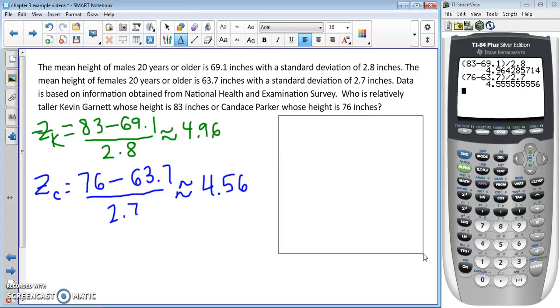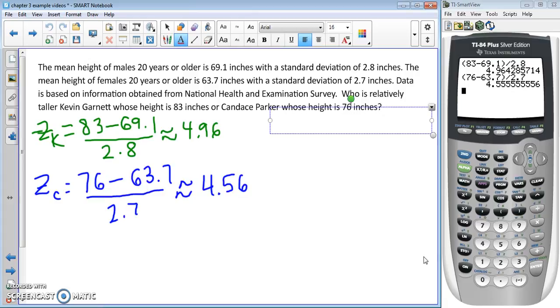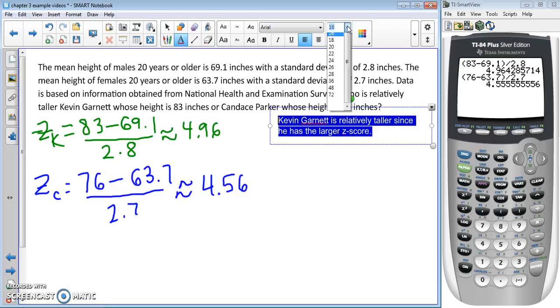So what can we say here? We have that Kevin is relatively taller since he has the larger z-score. That means that he's more standard deviations above the mean, right?